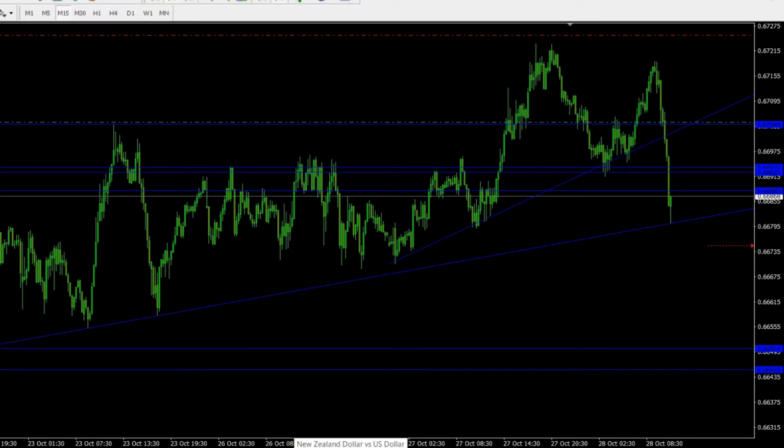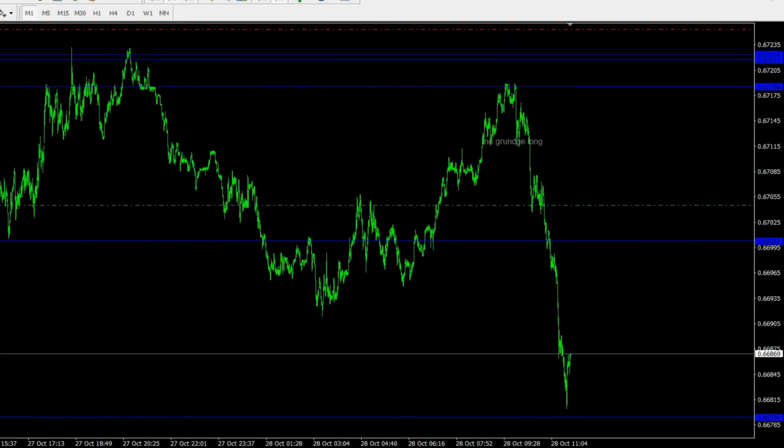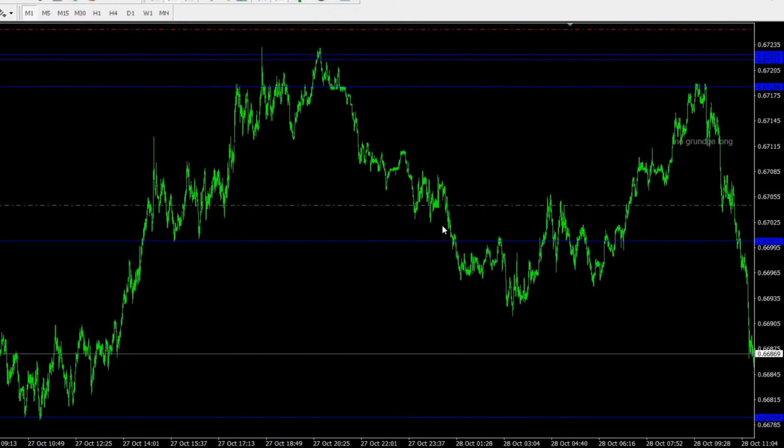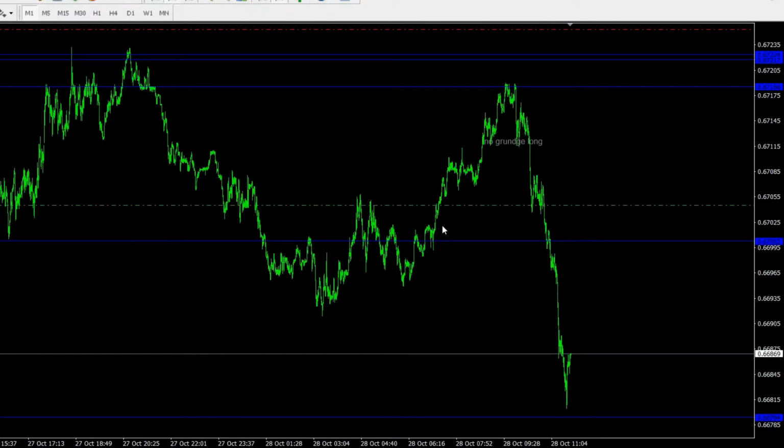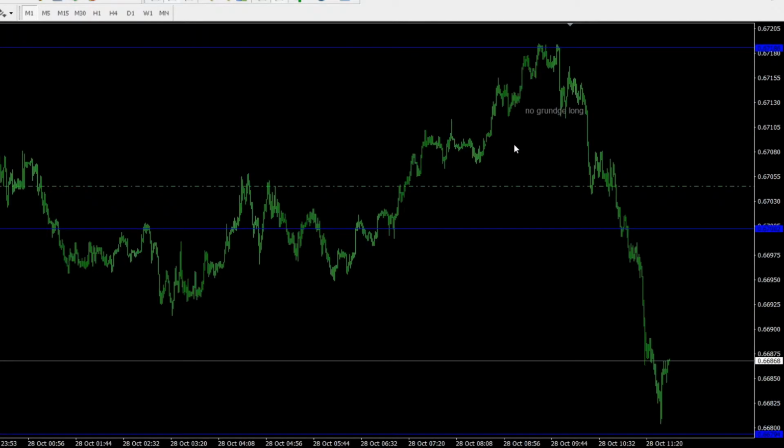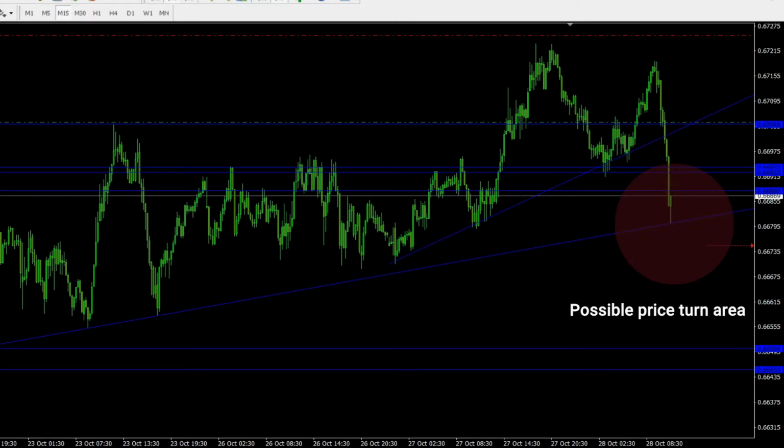Then, another 2 hours later, I see that price has finally begun to fall and reach the first possible area where price can possibly turn around, in which case I will abort and close out the entire short position.